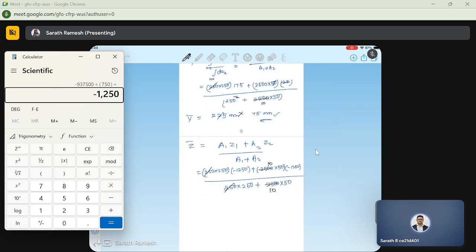Of course, it's a symmetric section, so I'm getting half of the total value.